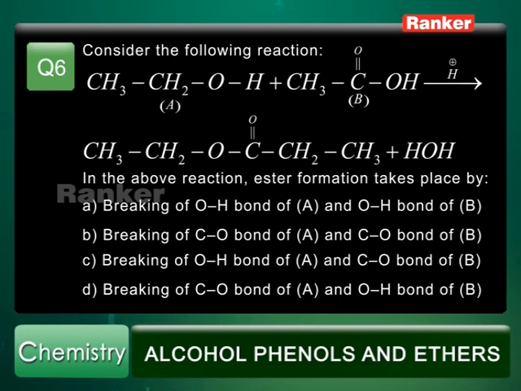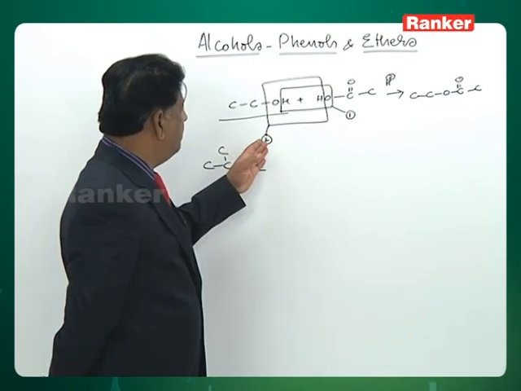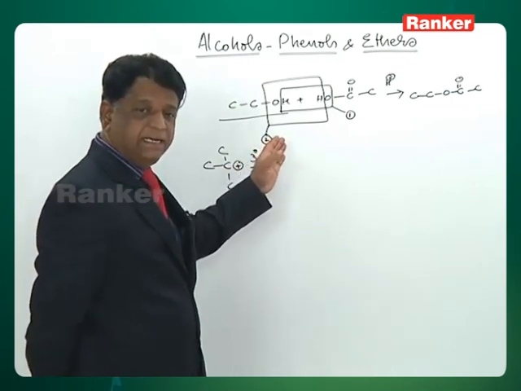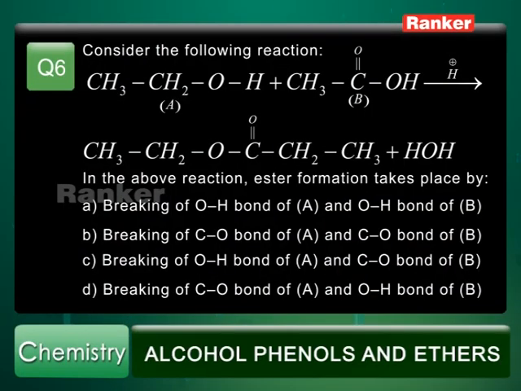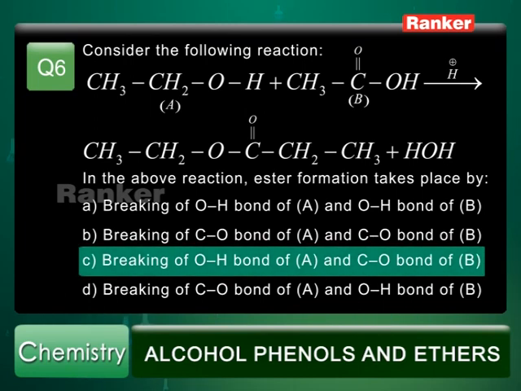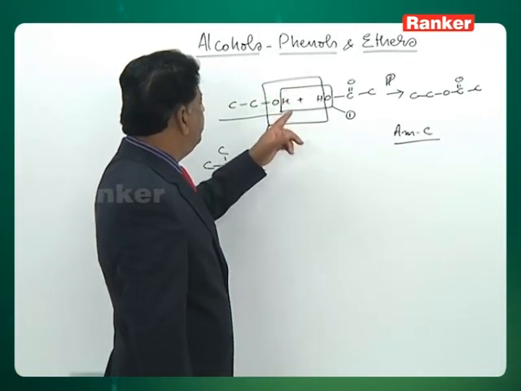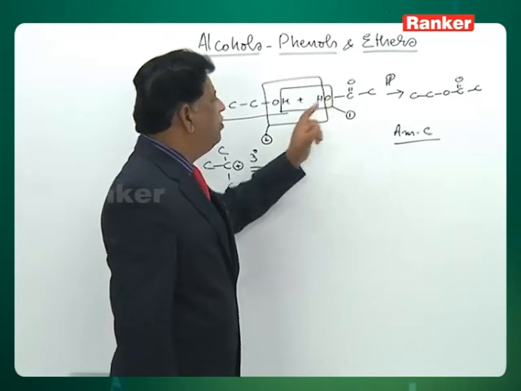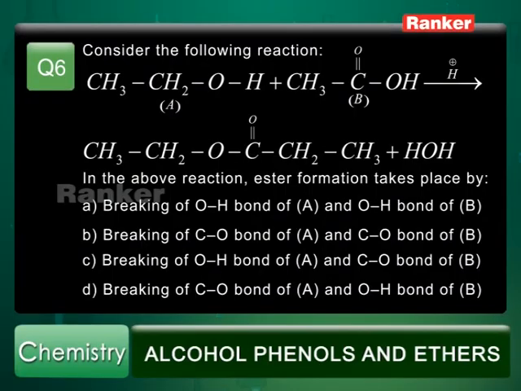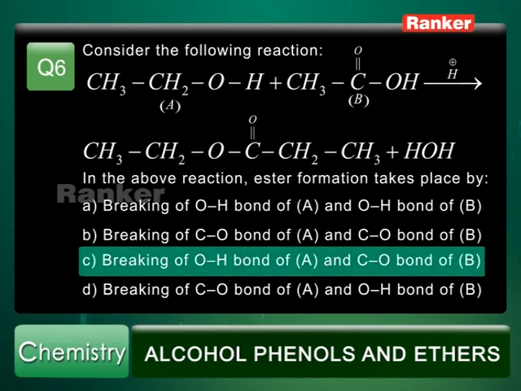And breaking of the OH from the alcohol is only the tertiary case, as I said, it is possible from the acid OH coming, okay, but tertiary loses the OH, so therefore answer D is wrong, answer C is the right answer. So answer C says what? Breaking of the H, that is the OH from the alcohol, and breaking of CO from the acid is the right one. So therefore answer C is the right answer.